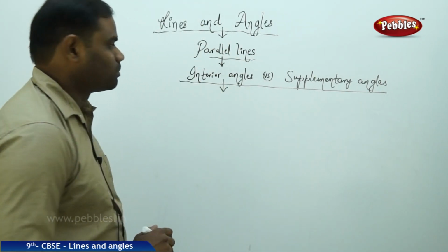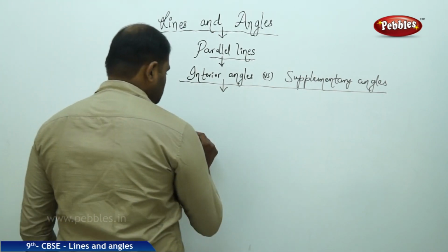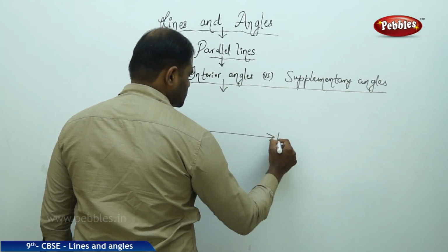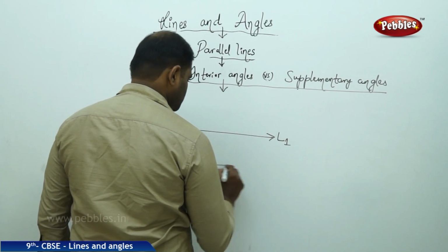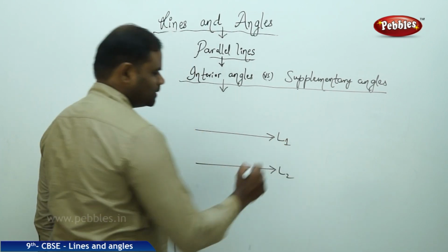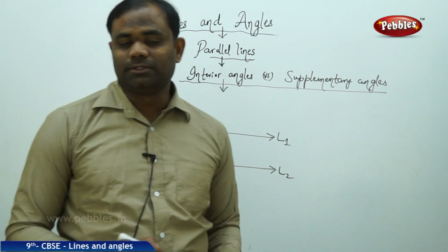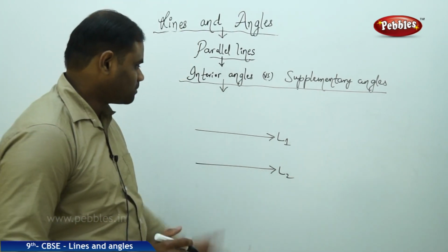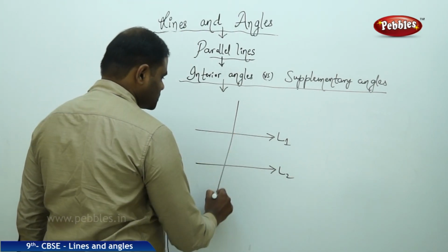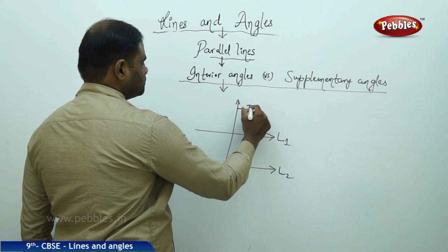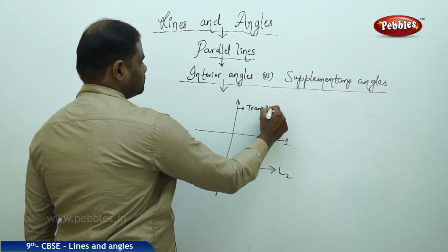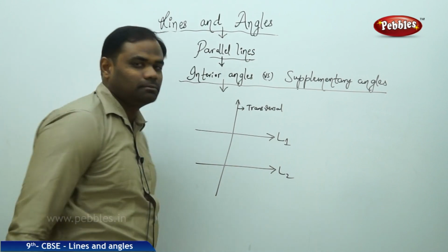So let's take two parallel lines L1 and L2. Here is line L1 and here is line L2, which are parallel to each other. Now with these two lines being parallel, let's take a transversal out here.